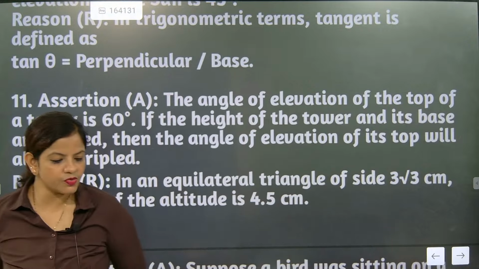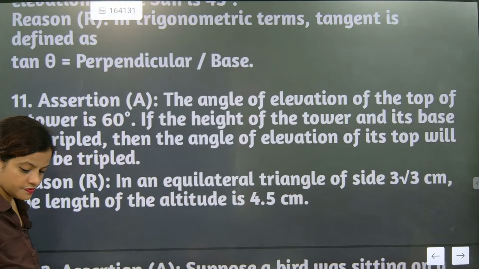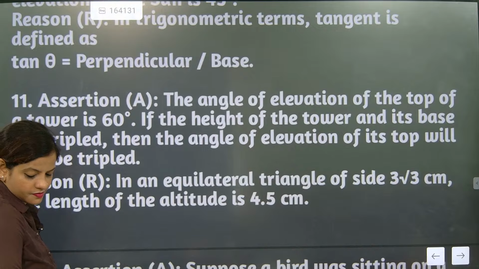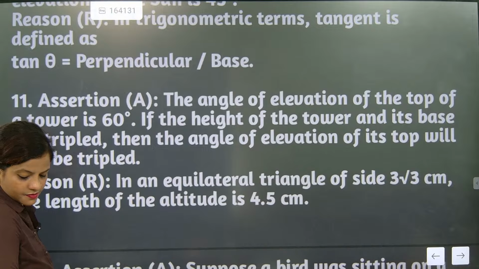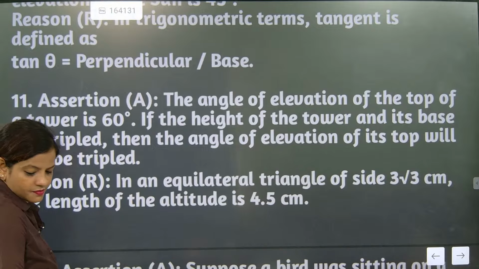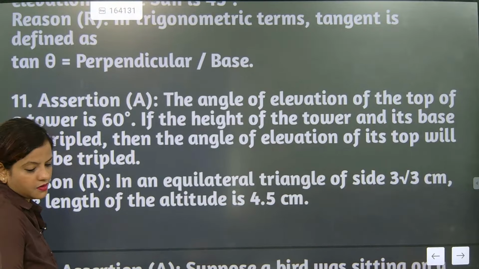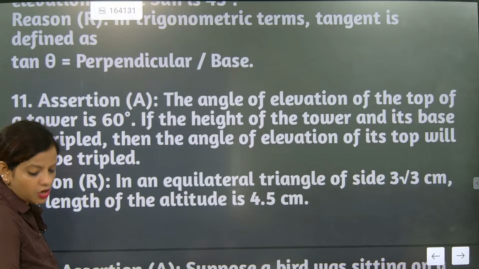Try this question, please. So, what is the answer for this? The angle of elevation.